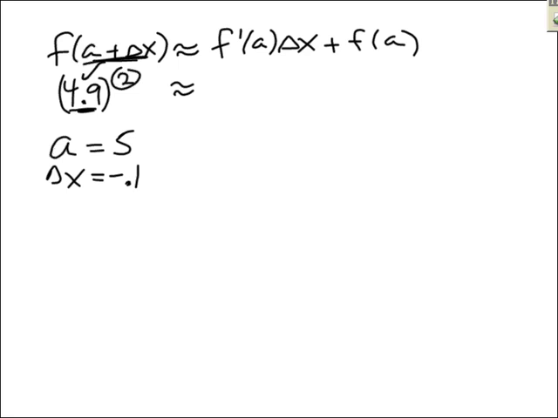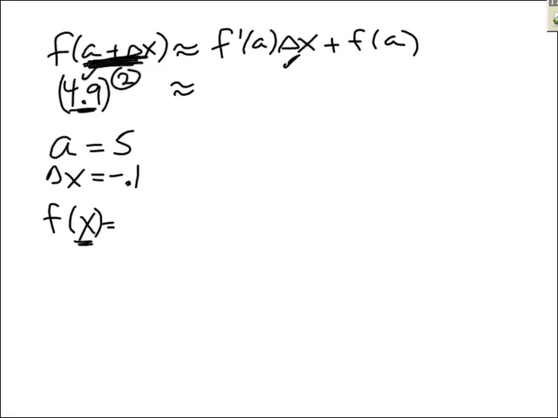Okay, so I have delta x, and now I have a. So I have a chance to find f of a and f prime of a. But first, let's find f of x. Whatever is being done to a plus delta x, that's what we're going to do to x.